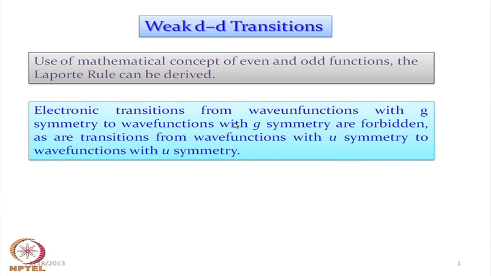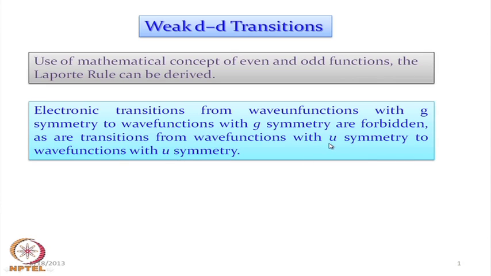So, electronic transitions from wave functions with G symmetry to wave functions with another G symmetry, where G means the even symmetry, are forbidden. So, this is the symmetry controlled thing, that means when one even symmetry orbital is considered, a transition to another even symmetry orbital is forbidden, as are the transitions from wave functions with uneven symmetry, that means U symmetry, to wave functions with again U symmetry.